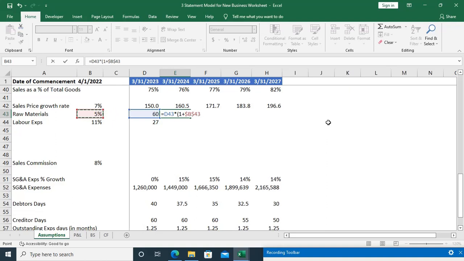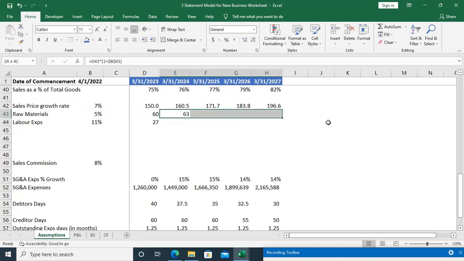Now I should fix this entire cell, close the bracket, press enter, and simply copy it. For this one I can just press Control D and the job is done. I can reduce the decimal places and keep just one decimal place. Control S. While you are working on Excel, please keep pressing Control S and keep saving the files. So the raw materials and labor part has been taken care of.